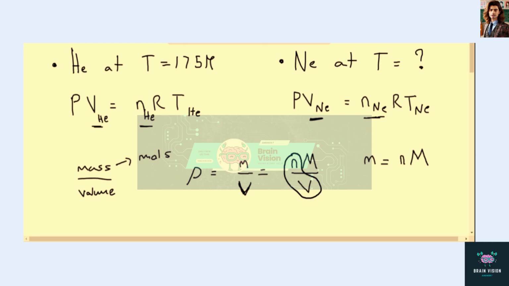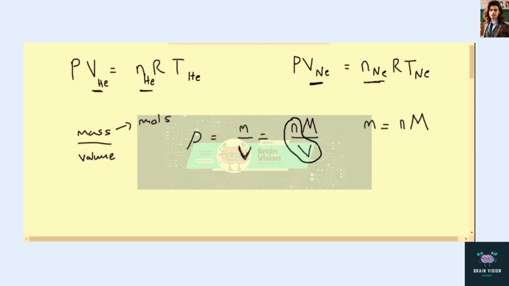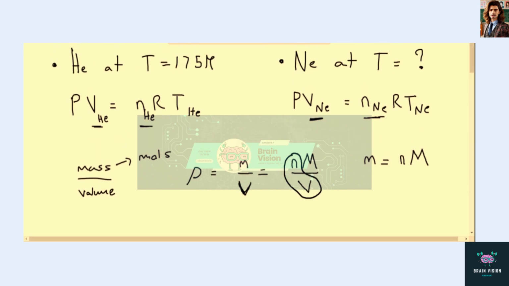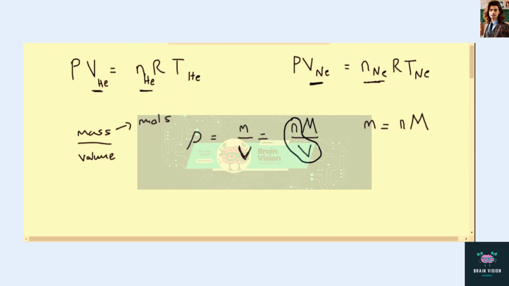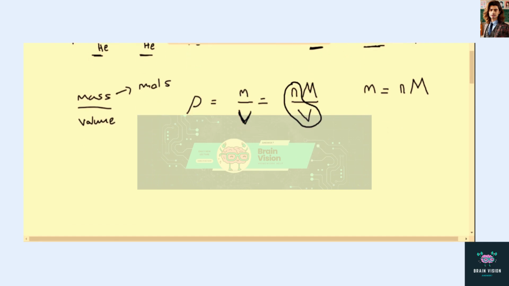So to show you exactly what I'm talking about here, actually no, I'm making more work for us than I need to. Let's take our equation for density here. So density is nM over V. And what I'm going to do is keep the moles and the volume on one side, and then keep the molar mass and the density on the other side.